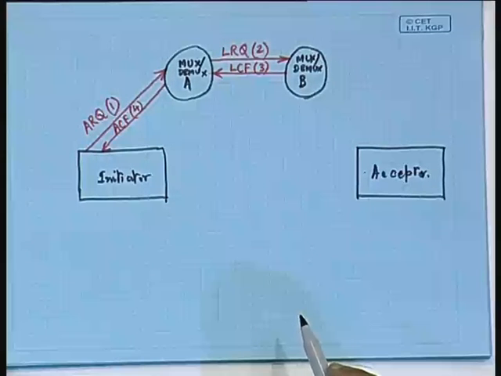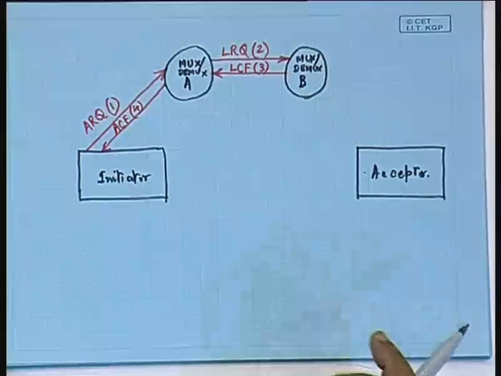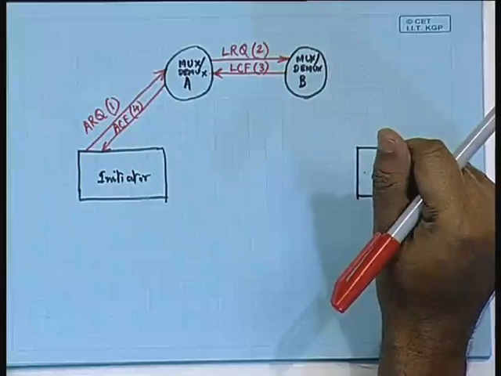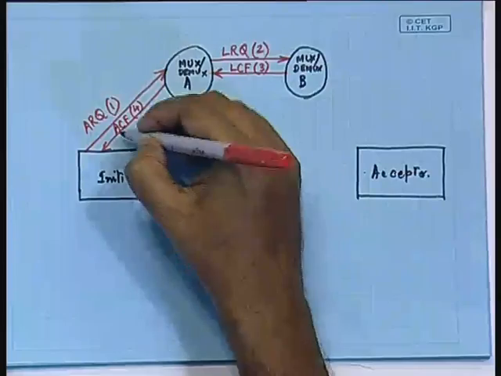Once the admission confirmation is there, the endpoints can exchange the call signaling and the H.245 control messages. As per H.323, we know that between endpoints there has to be call signaling and a control or capability negotiation through H.245.